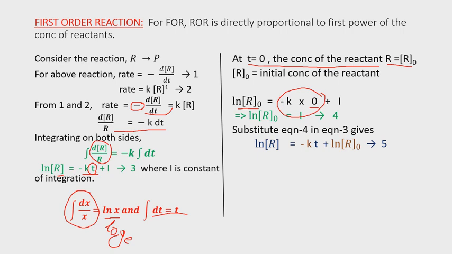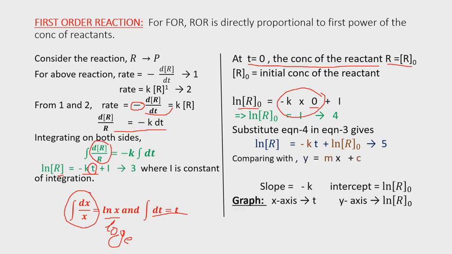Now comparing with y equal to mx plus c, we will get a graph here. Here ln R is taken on the y-axis and time is taken on the x-axis. Then what is your intercept? ln R naught. So we will see in the next slide.